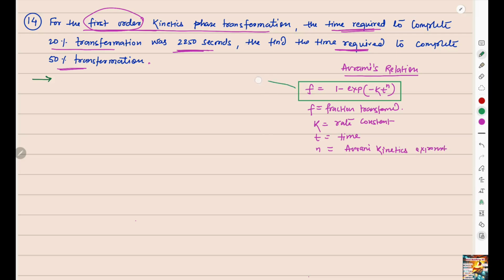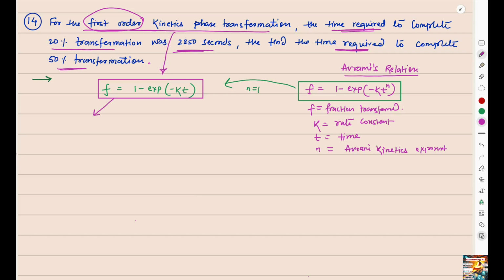For first order kinetics, n equals 1, which is the special case of Avrami kinetics. We have the equation f equals 1 minus exponential minus kt. In this case, n equals 1, and this is the equation for first order phase transformation kinetics.